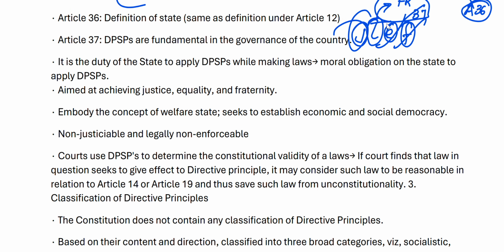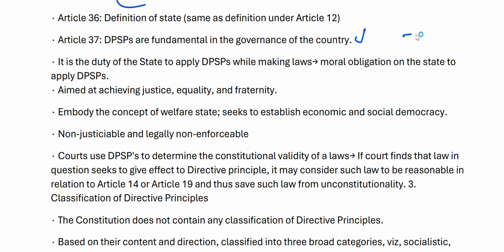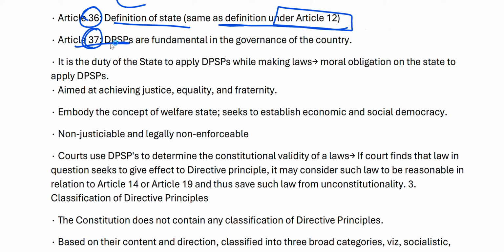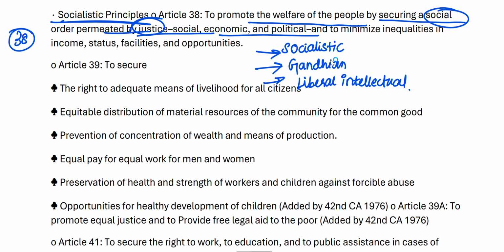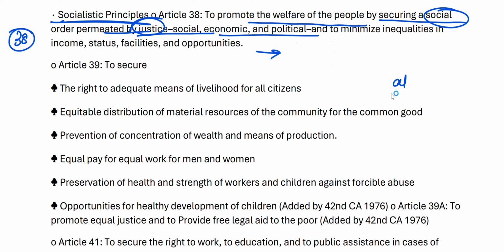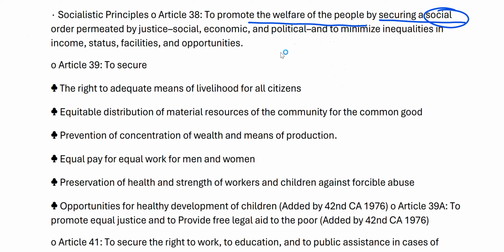Now, when we discuss the articles, we know Article 36 is the definition of the state, the same as under Article 12, and Article 37 relates to the use of the DPSPs in governance and law making. Article 38 is a socialistic principle: promoting the welfare of the people by securing a social order permeated by justice, socio-economic and political, and minimizing inequalities in income, status, facilities, and opportunities.